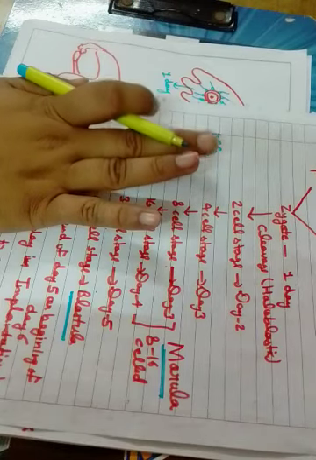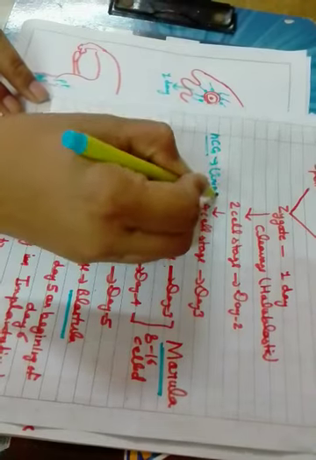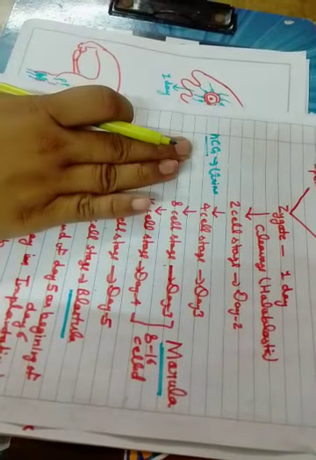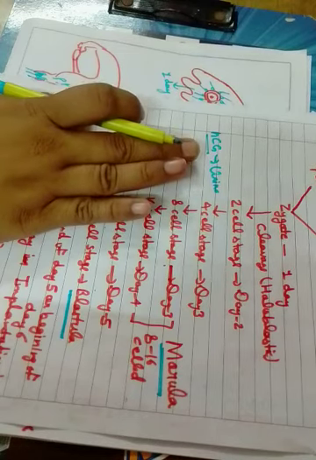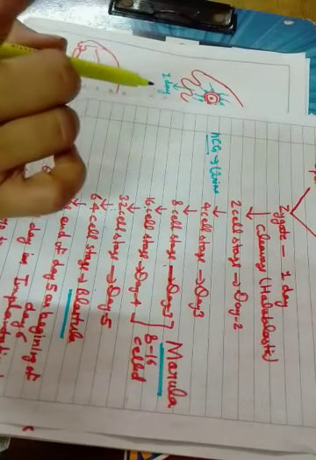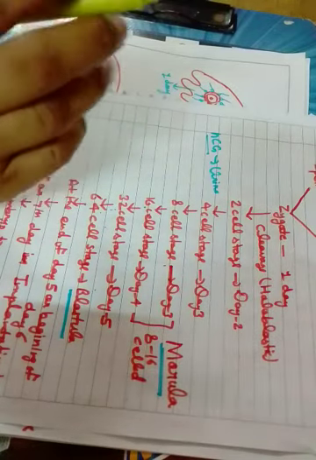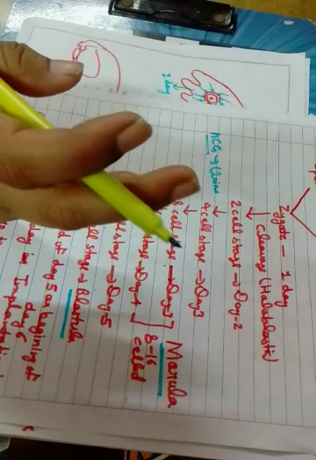Now, presence of HCG in urine is a confirmatory test for pregnancy, but it can be detected only after the second week of pregnancy. Okay, so a pregnancy kit has antibodies against HCG.